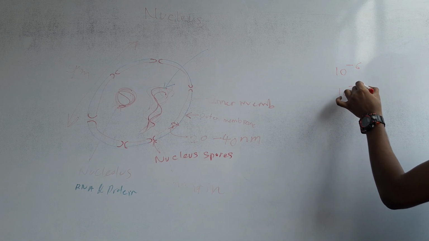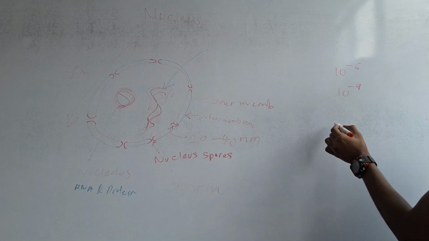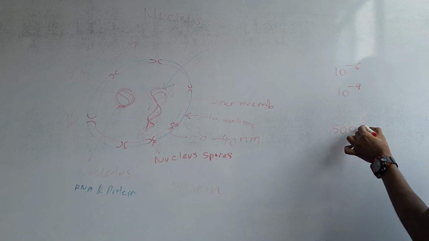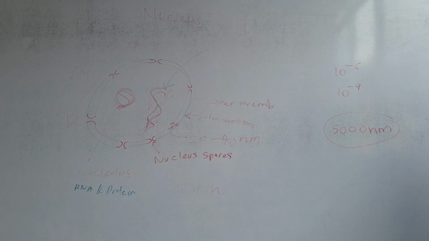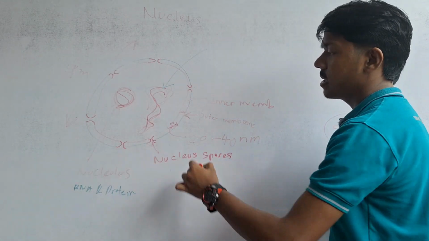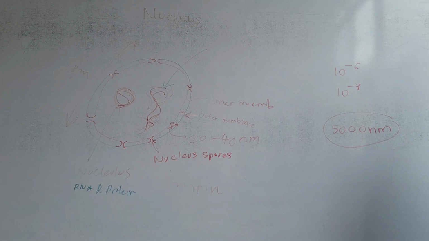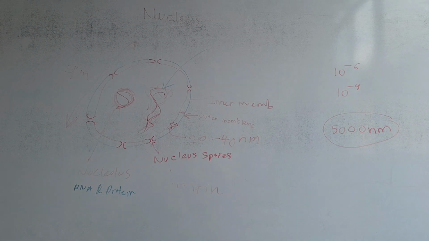Minus 9. So the difference is 3. So 5 micrometers equals 5000 nanometers. So the diameter is 5000 nanometers. What's the gap? 20 to 40 nanometers. Clear? Now read your resource book.